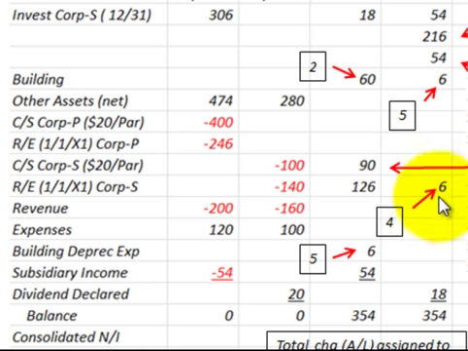And then we just have to deal with the depreciation of the building. So we have $6,000 that would credit or reduce the building for the year, and then the building depreciation expense would be debited for $6,000.